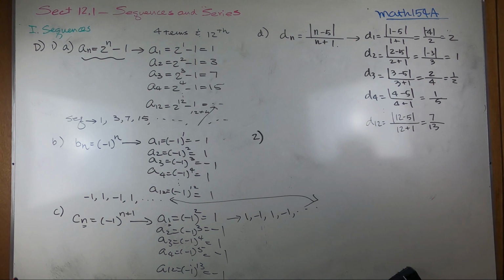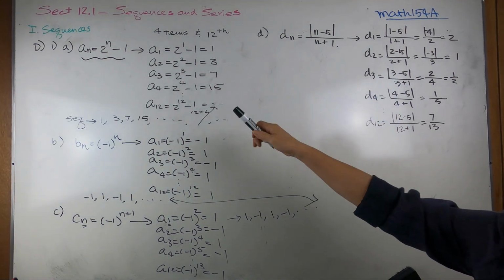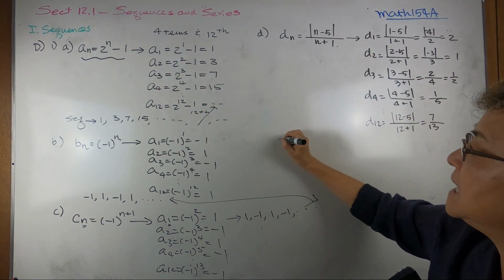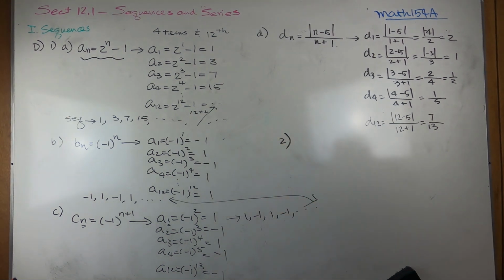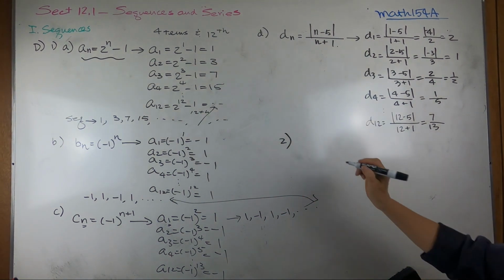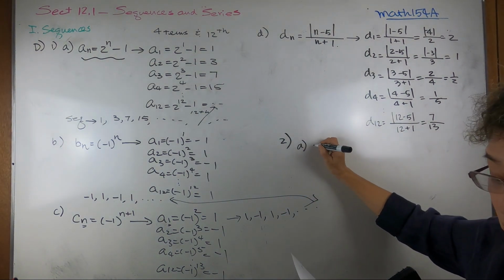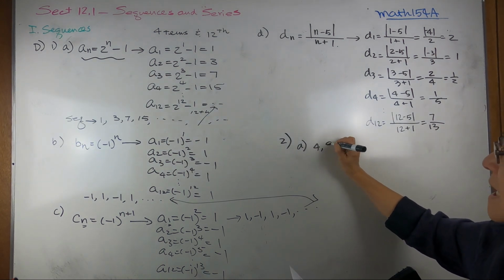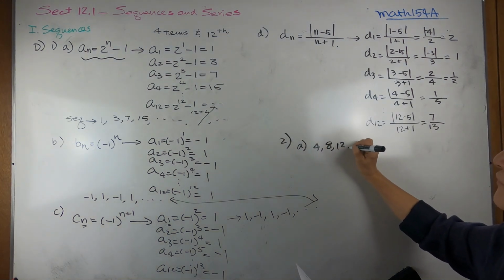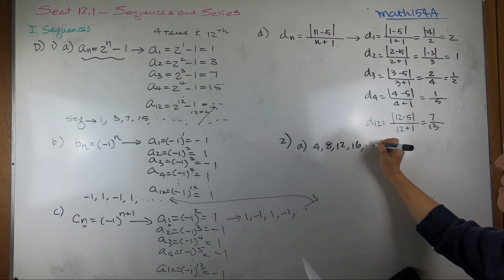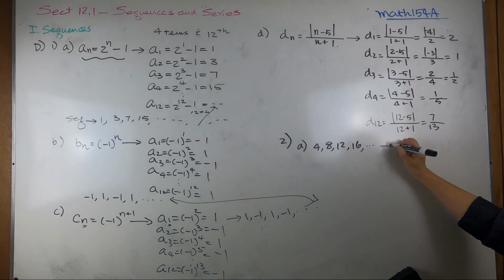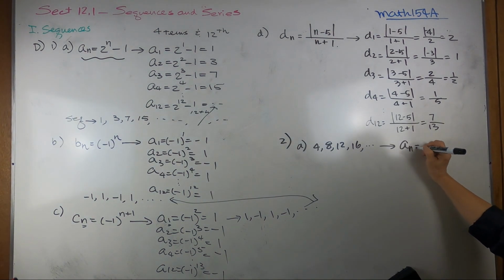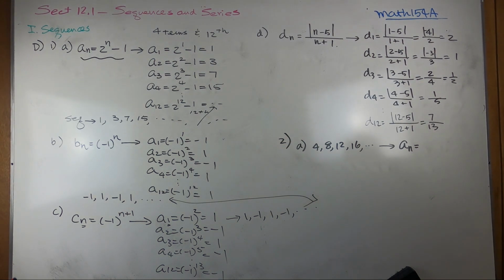Okay, so if we give you a pattern, then you should be able to find the numbers. Then if we give you numbers, then we ask you to find the pattern. What does that mean? That means we want you to find the nth term.